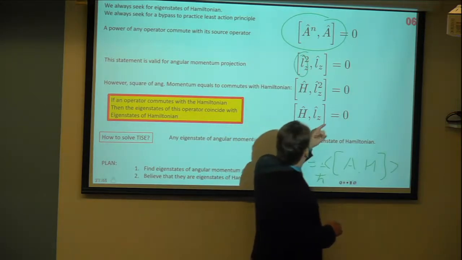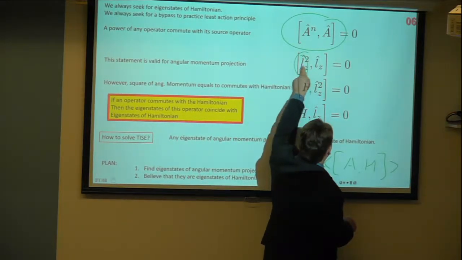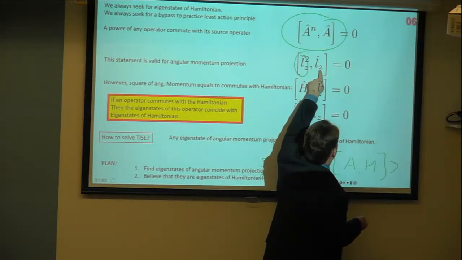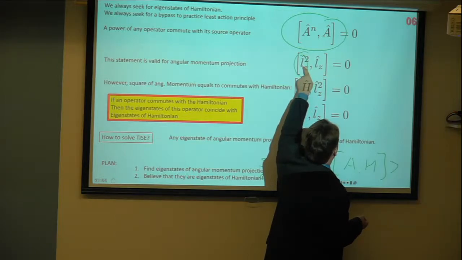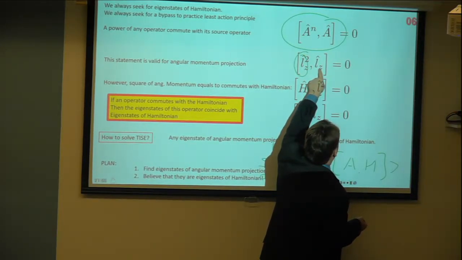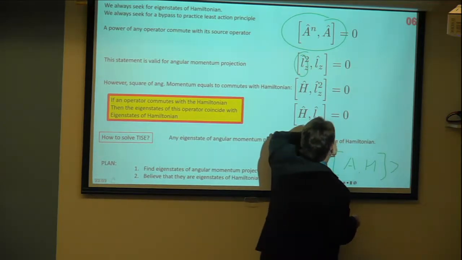Our Hamiltonian for this two-dimensional rotation would be the z projection of angular momentum squared with some factors, and any power of the same operator commutes.